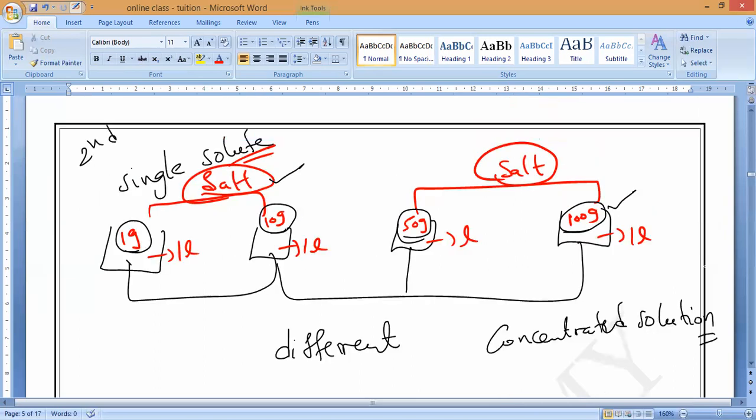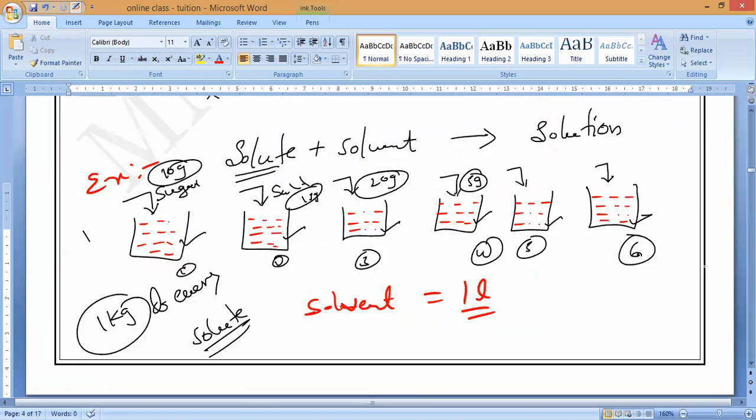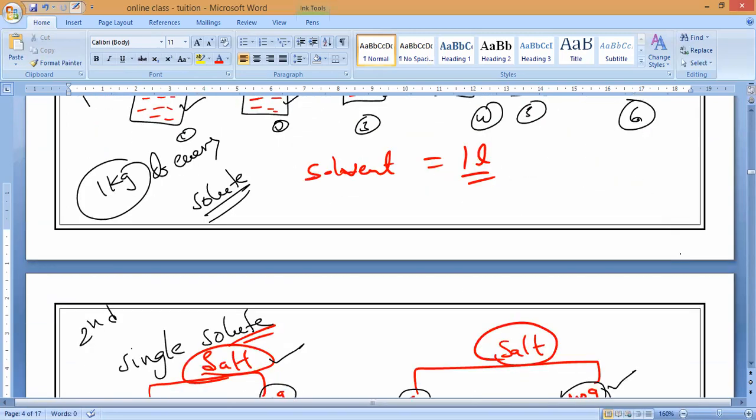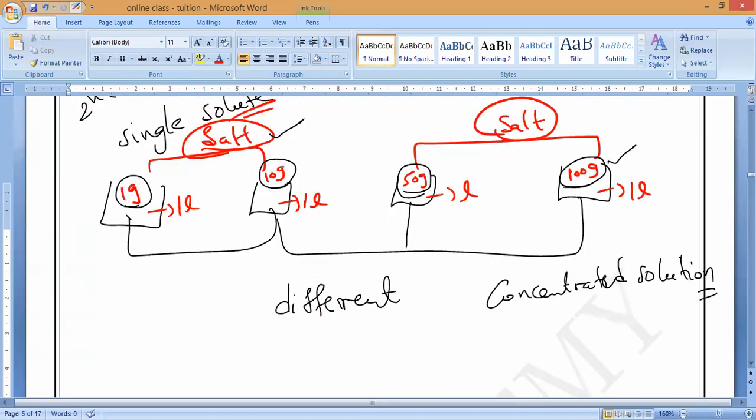Yes, sir. In the first case, different solutes can dissolve in different amounts in the same amount of solvent. Now, in the second one, the same solute can dissolve in different amounts in the same amount of solvent. Because you can observe, everywhere I am taking 1 liter of water.